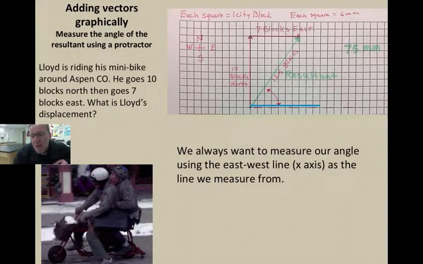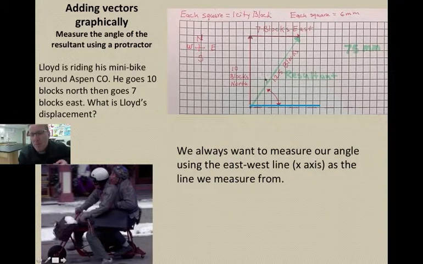In this case I've added a blue line to show you that this is what we're measuring from, and then this little curved arrow saying this is the angle. So I'm measuring the angle between this east line and the actual resultant vector.